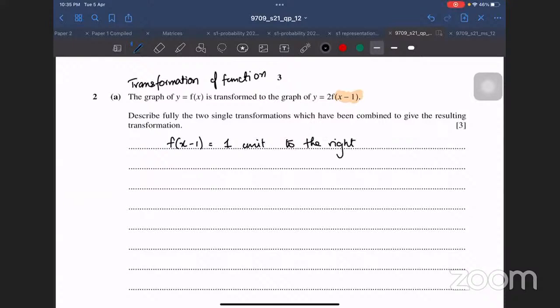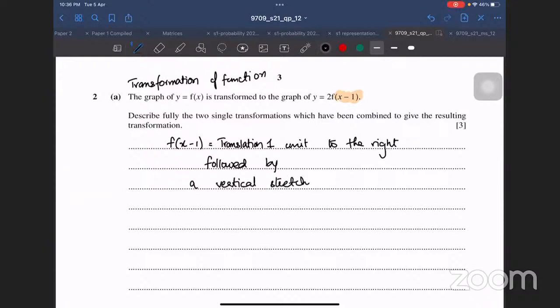And what transformation am I talking about? I have to name the transformation as well. So I'm going to say this is a translation, 1 unit to the right. Then when I talk about this 2 outside, I can say that followed by a vertical stretch with factor 2.